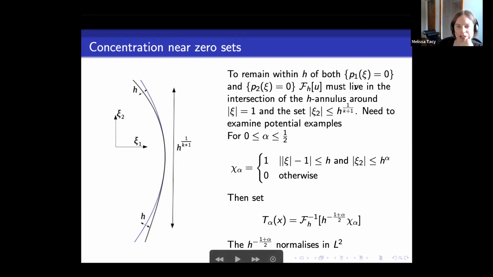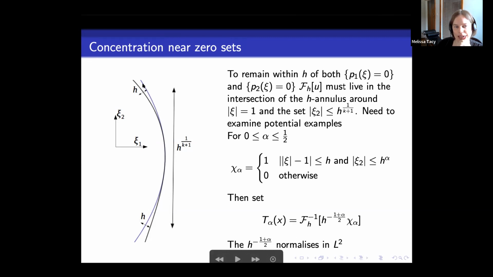Well, firstly, I must be on the h annulus around mod xi is equal to 1, because I've got this solution that says mod xi squared minus 1 is small. So that's my first condition, is I live on an annulus around here. My second condition is that I have to live on a little h region around the blue curve as well.